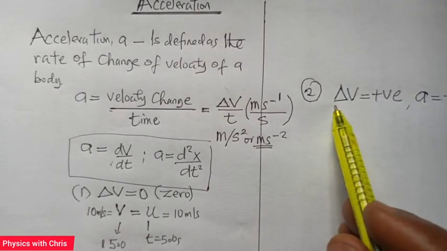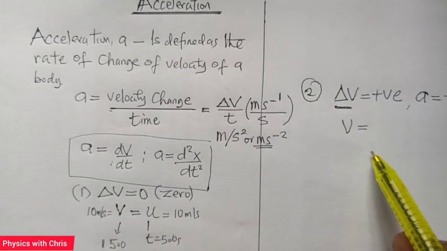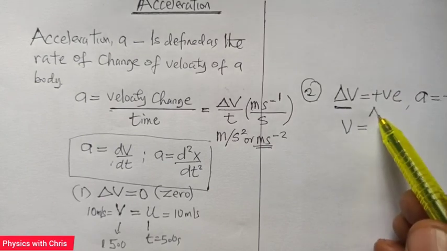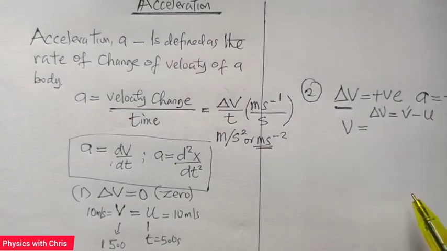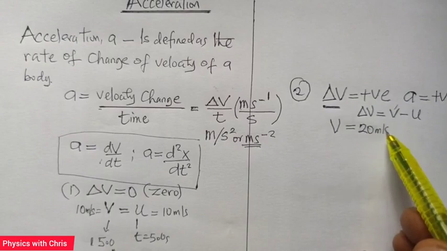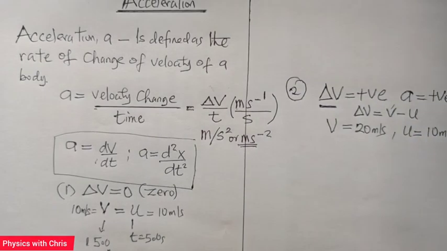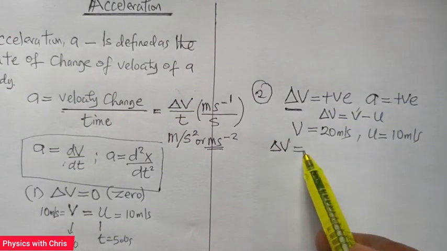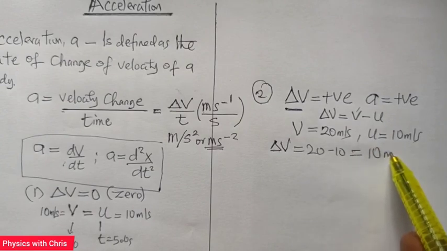And for delta v to be positive, it means the final velocity must be greater than the initial velocity, because velocity change is the difference between the final and the initial velocity. So if the final velocity, let's say, is 20 meters per second, and the initial velocity is, let's say, 10 meters per second, it means that the velocity change of this body, delta v, will be given by 20 minus 10, which is 10 meters per second.